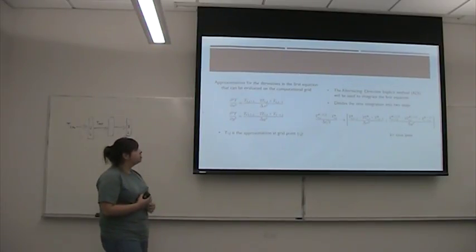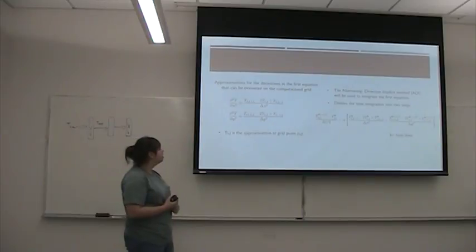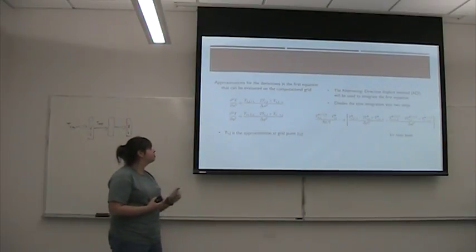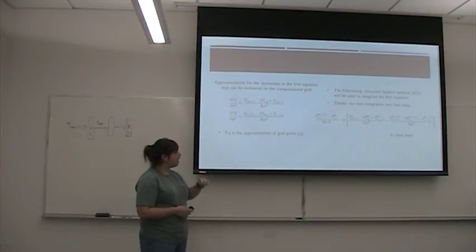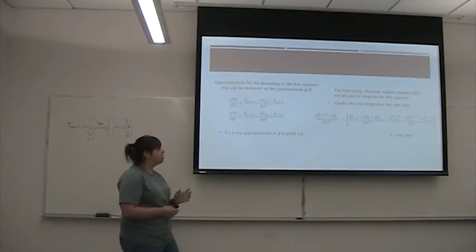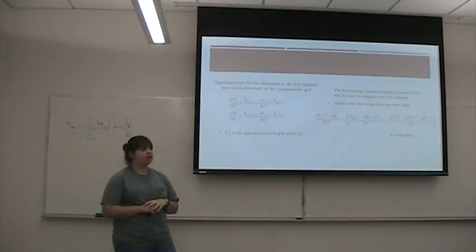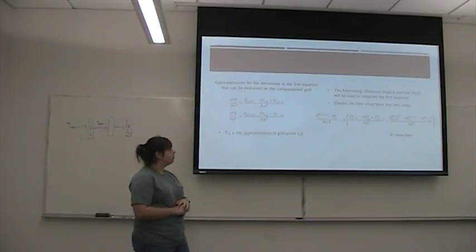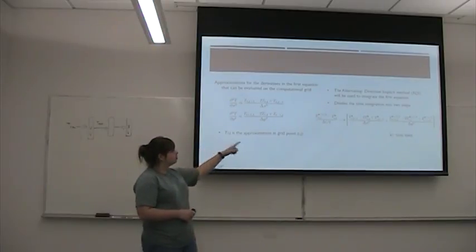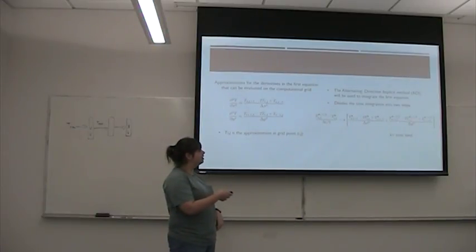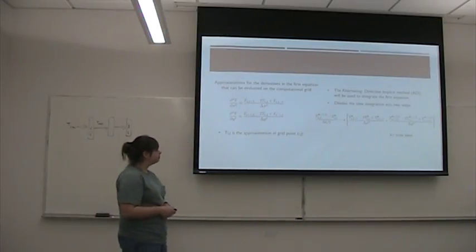So the approximations for the second order partial derivatives of temperature with respect to x and y, this is what we get here. And then we are going to use the alternating direction implicit method, or ADI, which divides the time integration into 2 steps, and we'll plug in our partial derivatives over here. And this K is the time level.